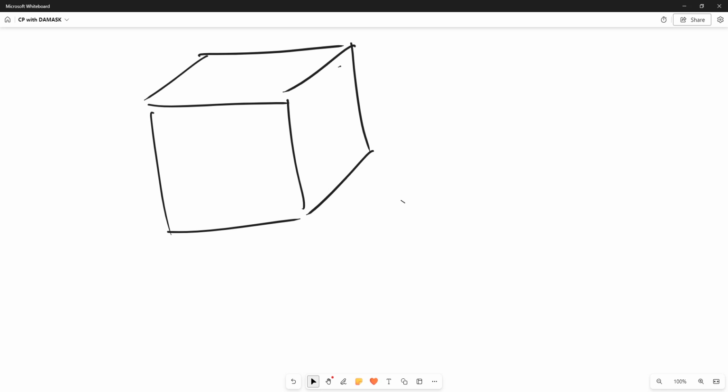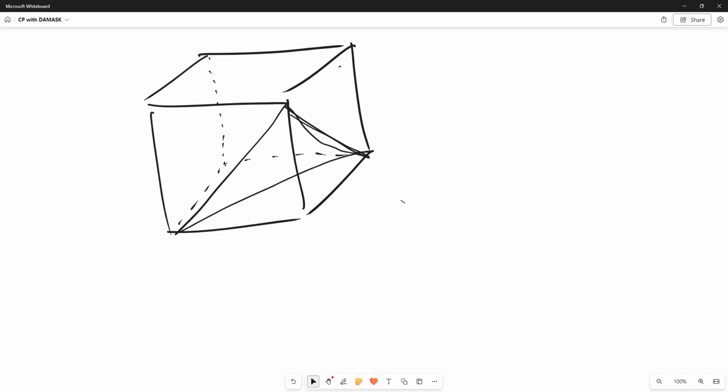In case of face-centered cubic crystal structures, it is this 111 plane. I can draw any of the 111 planes, but generally, if I draw it like this, it will be this plane here, right?